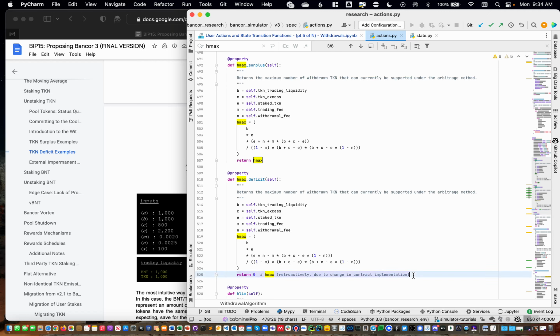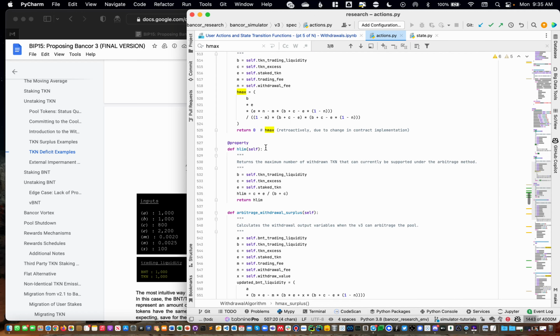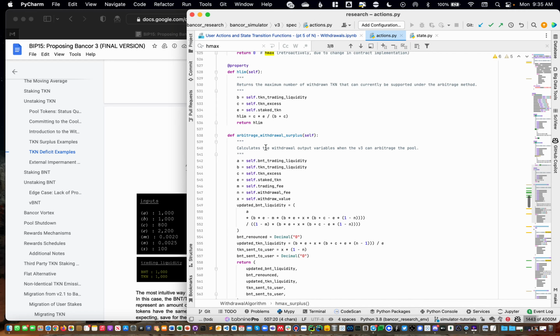However, you'll notice here, retroactively due to changing contracts, this HMAX deficit is basically returned as zero, and we're really just relying on this one to go forward with the logic. These are just changes that happened after the fact.